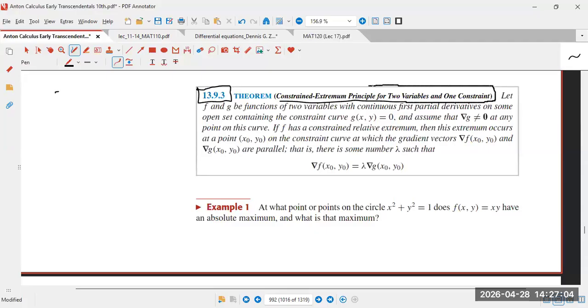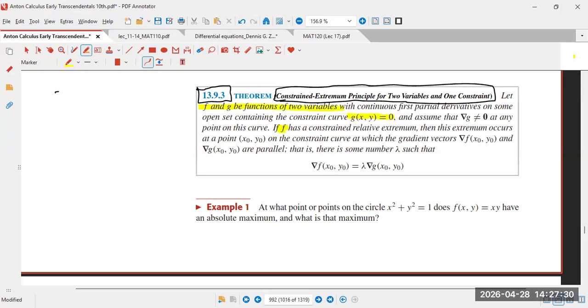So that is আমাদের কাছে একটা two variable এর ফাংশন থাকবে, একটা two variable এর constraint থাকবে। So in this case, let's say f and g two continuous function, and our target is to maximize this f function under the g.